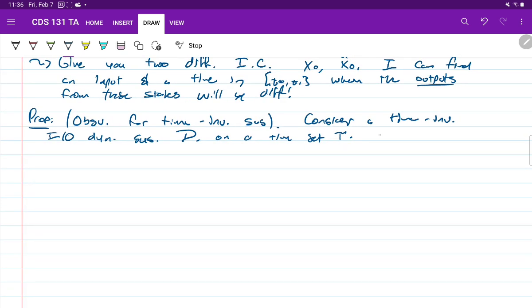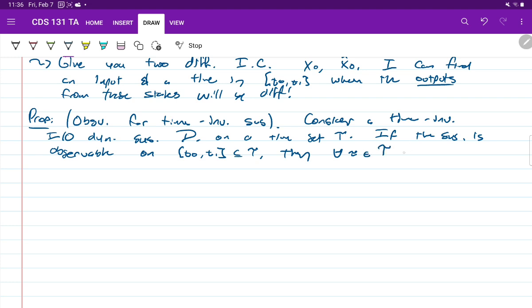So what we say is that if the system is observable on the interval t0, t1, then for all little tau belonging to my time set T, the system is observable on the shifted interval. Okay, so t0 plus tau, t1 plus tau.